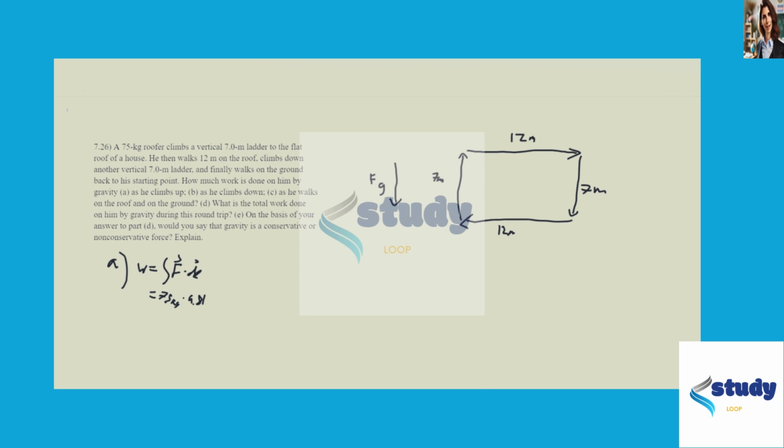Then that's going to be multiplied by the path length, so that's 7. And that's going to be the dot product between those two. Those are in equal opposite directions. So that's going to be times a -1. Okay, so this is going to be, let's see, -375 G. I'm just going to leave it like that for now for clarity.